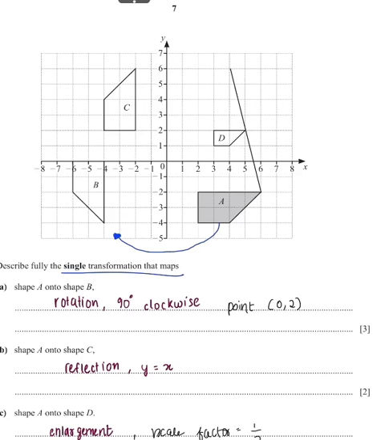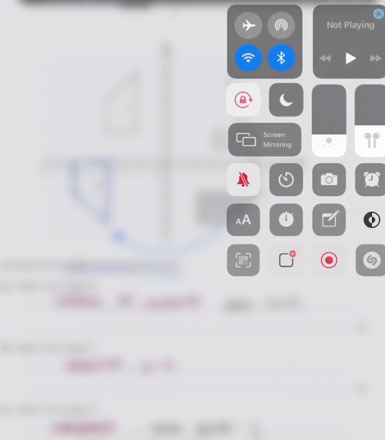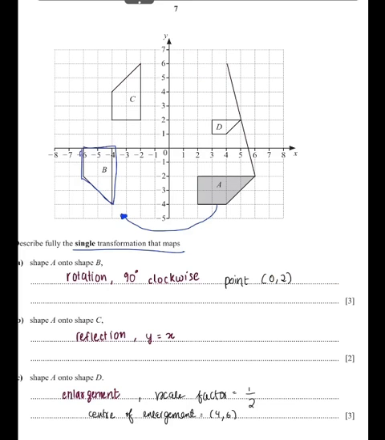Since this is digitally done, I am not able to show it to you, but if you do it with tracing paper, you will be able to understand that when you rotate your shape, it will fit in this position over here where B is standing. Then you also know that the point is, you can try keeping the point at 0, 2, or you could try keeping it at different positions, maybe minus 1 or 1.